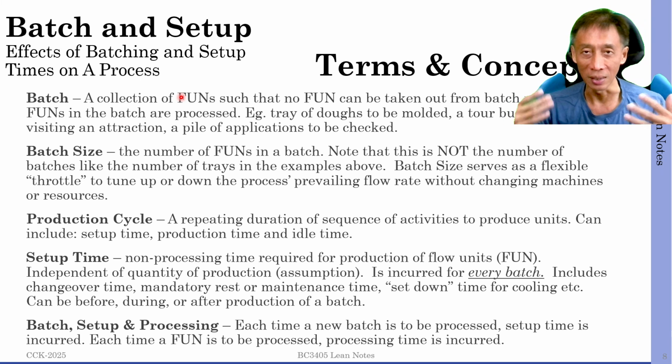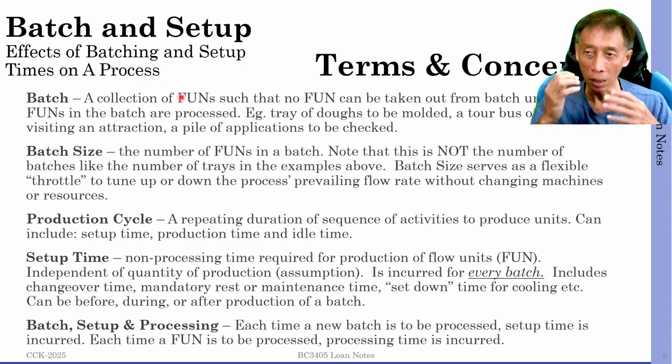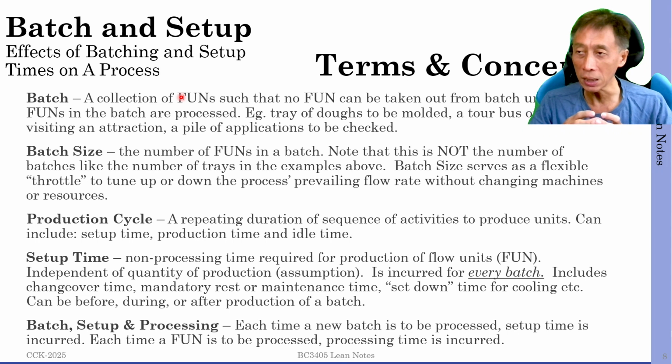That's at least in theory. So batch means that we're going to gather one group of flow units, and then process them before we go to the next batch, and then we process them before we go to the next batch, and we process them. That's the kind of batch idea, collection idea.